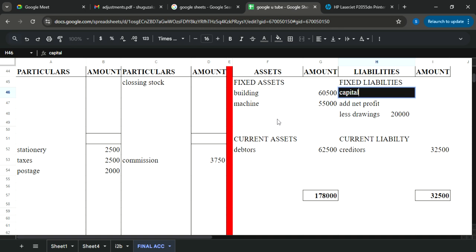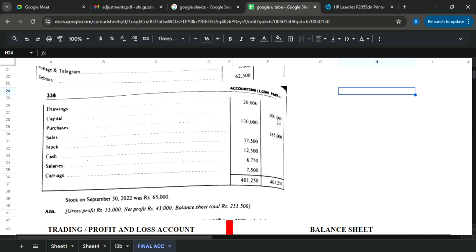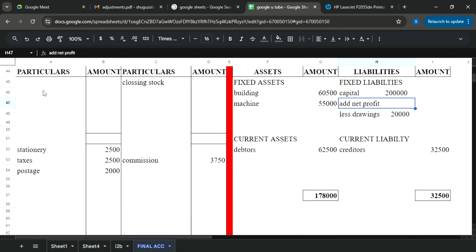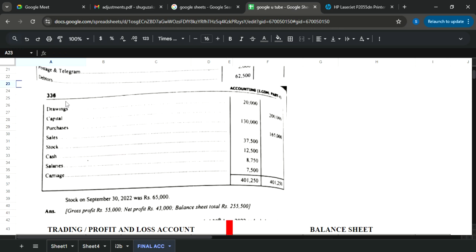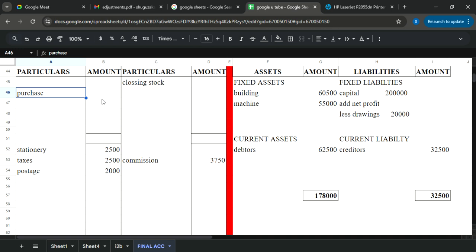After drawings we have capital of 2 lakh rupees. Again we will use the inner column, because all these elements would be added collectively. Purchase 1,30,000, direct expense. In the second line we will use purchase. Again you will use the inner column. 1,30,000 would be written over here.